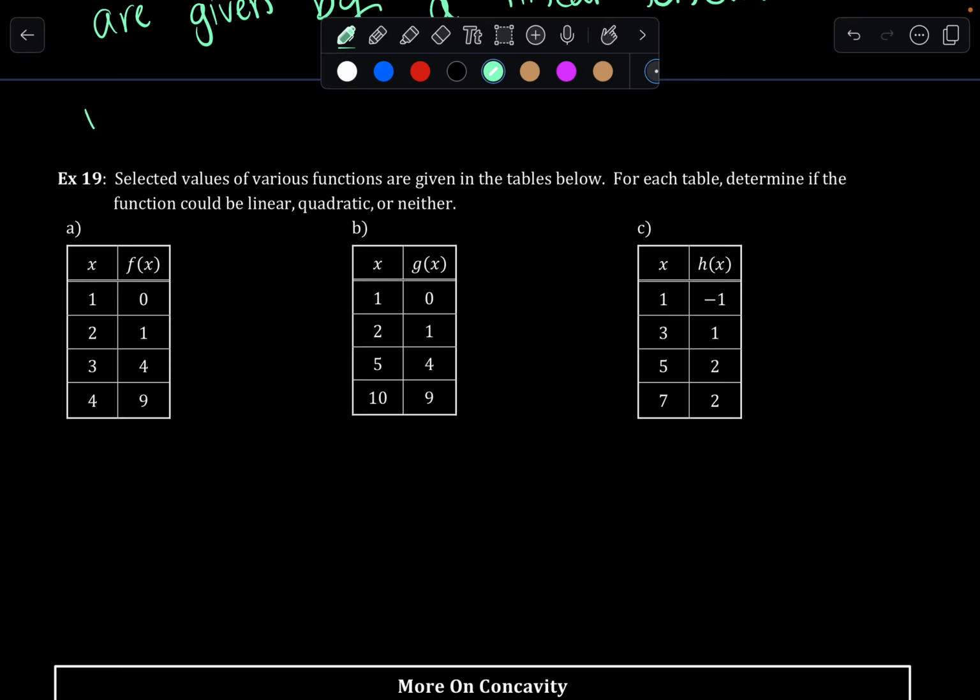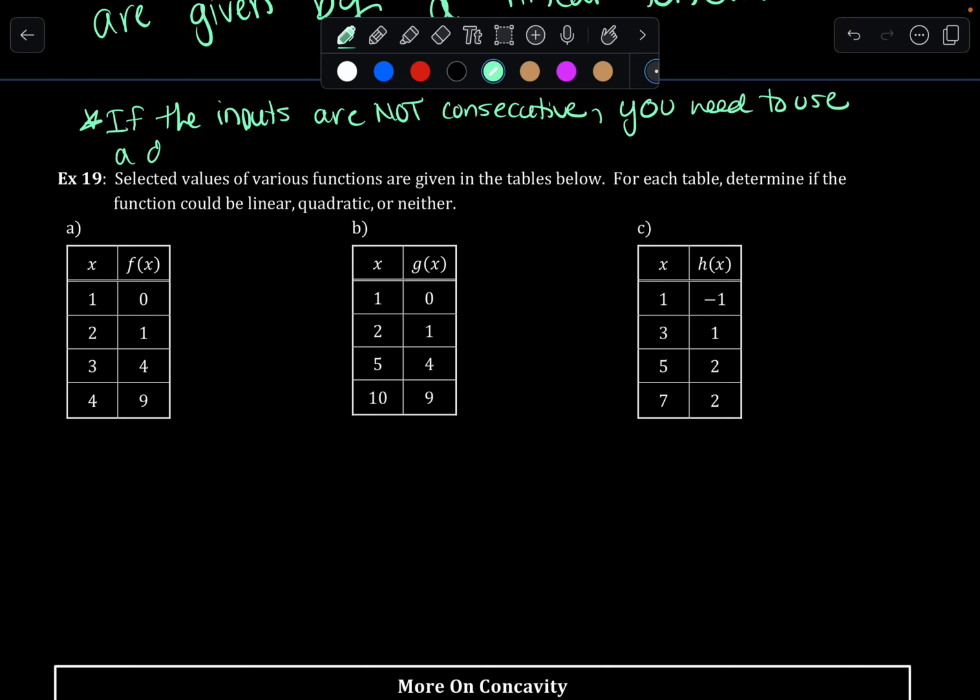Okay, so real quick, if the inputs are not consecutive, you need to use a difference quotient, AKA that's going to be your average rate of change, okay? Difference quotient: y2 minus y1 over x2 minus x1. So you're taking the quotient of differences.